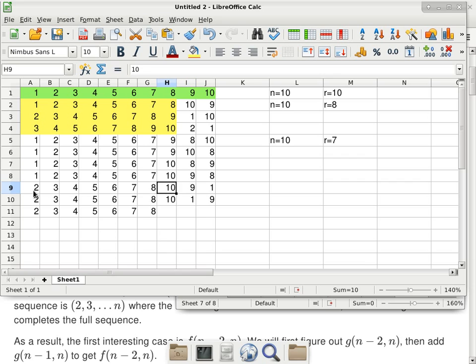But of these 2, the other one, sorry, this one actually has a sequence of length 8 and not 7, because the 1 is wrapping around to the 2, and then we count all the way up to 8. So we have a sequence of 8 and not a sequence of 7 anymore. So that's why this cannot be one of the choices. We really only have 1 choice if we have a 10 here, which is 10, 1, 9.